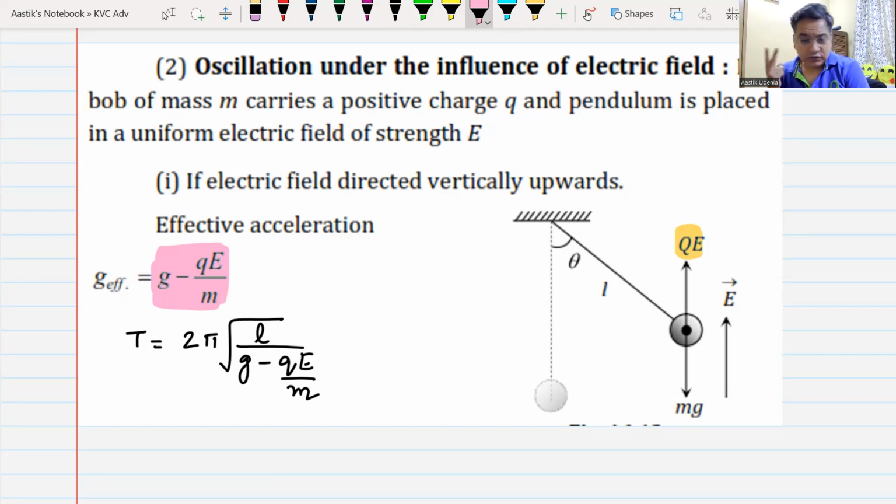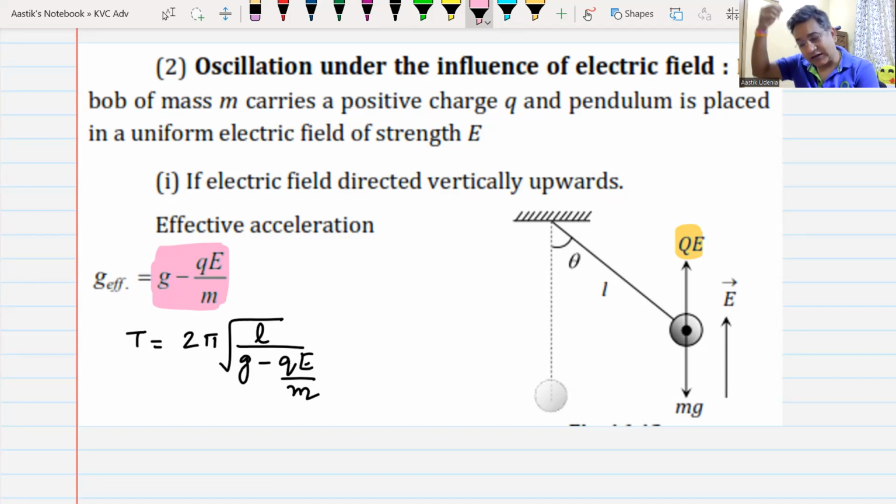1 minute. There are two cases. Here you have to note down when the electric field is upwards, and when the electric field is downwards. Here also remember, this charge could be positive or negative. If the charge is positive, then it will experience force in the same direction.